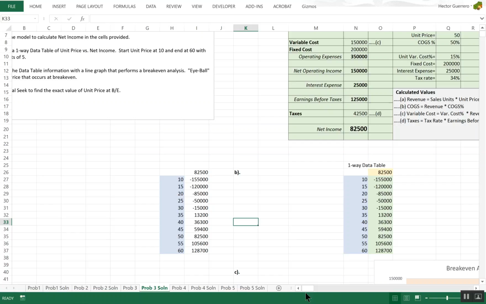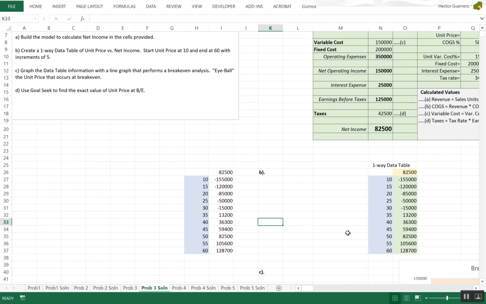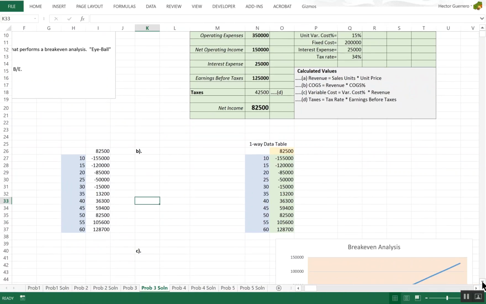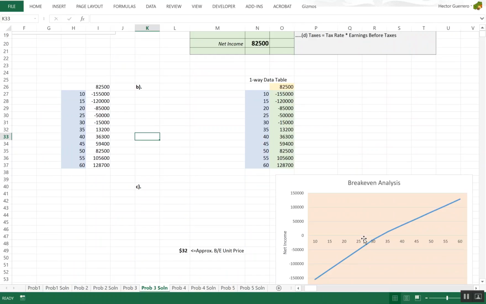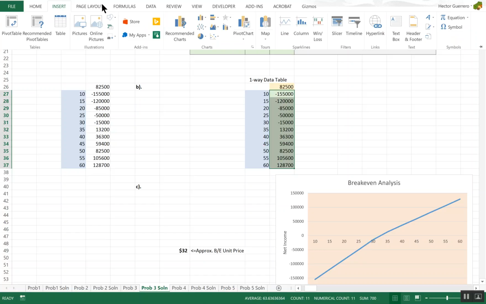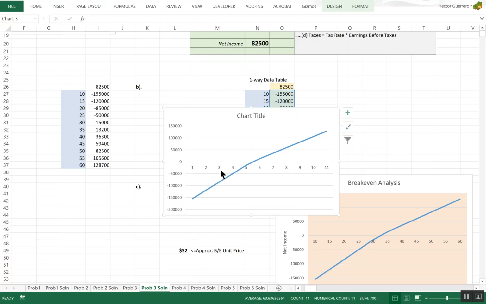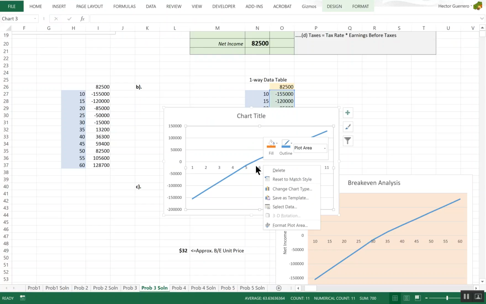And now I'm able to create in part C a graph to do a little break-even analysis. At what level of the unit price do I break even? This graph is simply this information here. I go to insert, line graph. There's my graph. Of course, I'll have to change the x-axis.